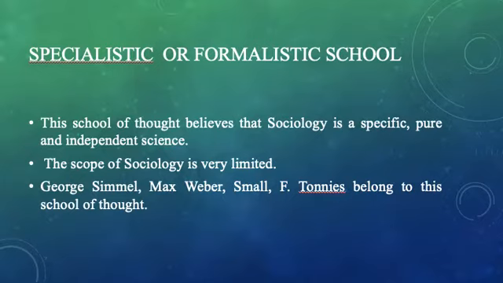The persons who belong to this school of thought are George Simmel, Max Weber, Small, F. Tönnies, etc. This school believes that sociology deals only with specific aspects like social relationships, social actions, social behavior, etc., and it is not related with any other social sciences like political science, economics, etc. So its scope is very limited as it deals with only specific aspects of society.